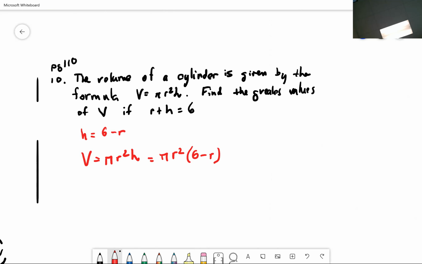So right now, what we essentially have is V equals 6 pi r squared minus pi r to the third. That's if you distribute that.